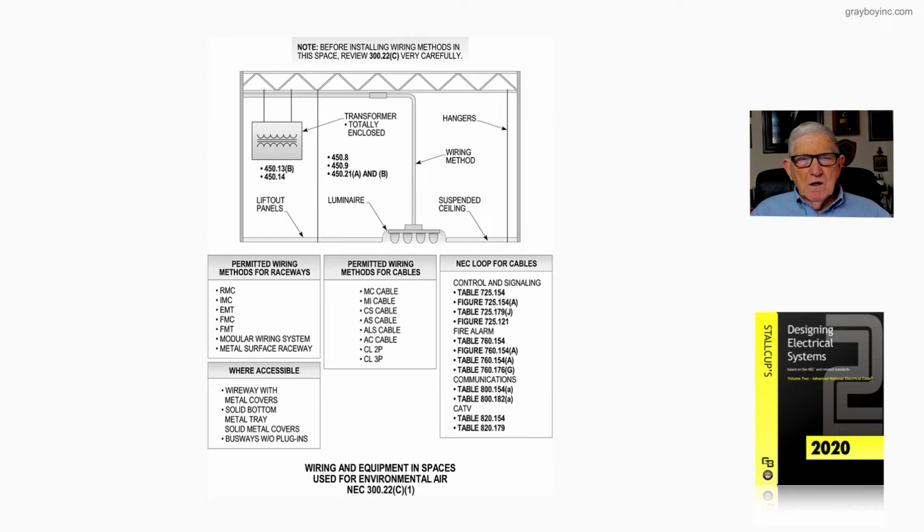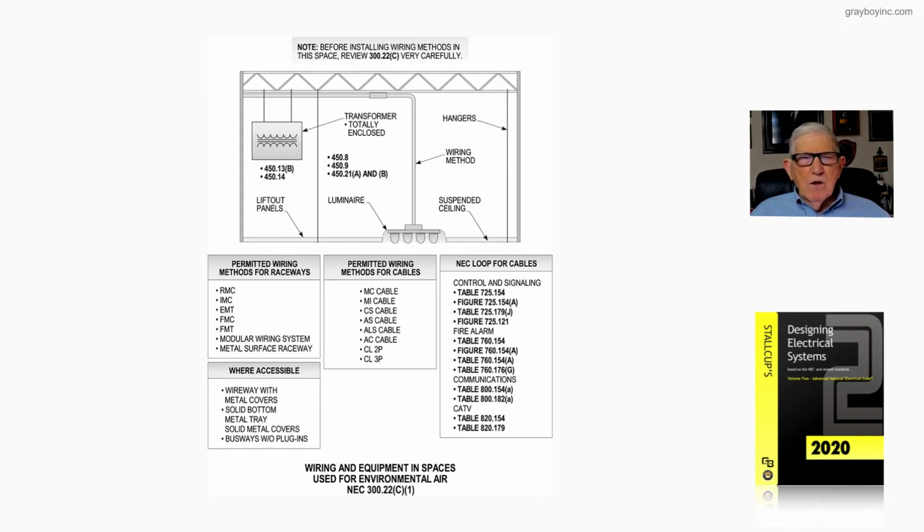And 450.21(A) and (B) is where you have the transformer installed either at less than 112.5 kVA or over 112.5 kVA. And then you see the fixture there that is supplied with a conduit, and you have your hangers, you have your suspended ceiling, your lift-out panels.